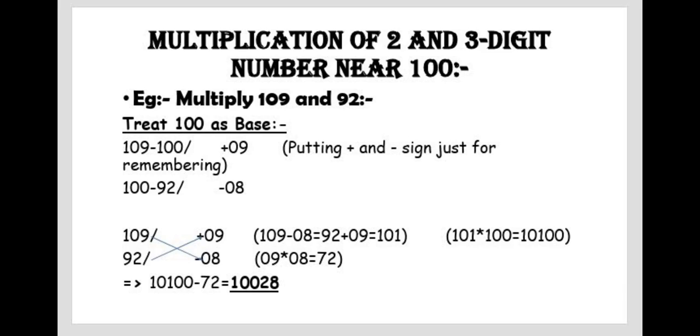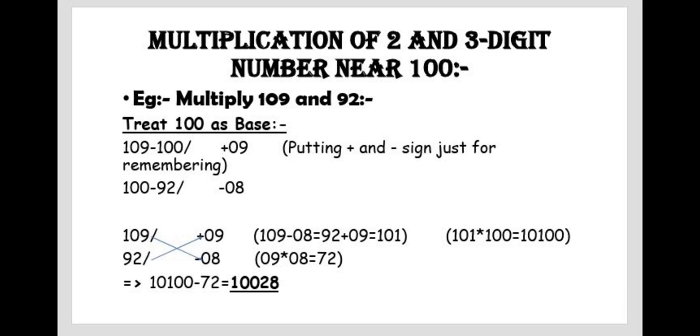What we were doing for the 3-digit number, we have seen that we were subtracting 100 from that number. So 109 minus 100, we will get 9. And for the 2-digit number, we were subtracting that number from 100. So we will write 100 minus 92, that is 8.